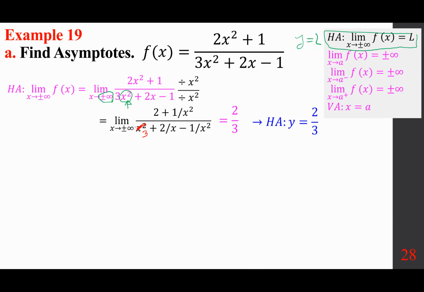Now, what I want to remind you of is what you saw in algebra, pre-calculus, and college algebra regarding horizontal asymptotes and rational functions.